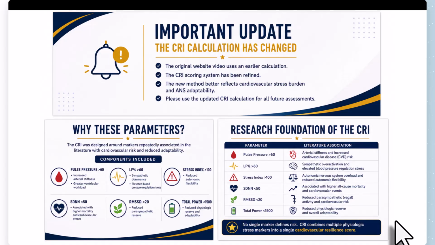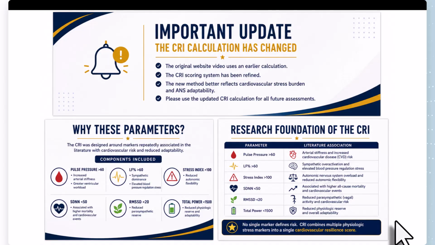When that system is a little bit stressed, it calls on the LF to compensate, and then we see a big yellow peak, and we always have to combine that with looking at the pulse pressure and some of the other parameters below. Stress index greater than 100 means autonomic nervous system overload and reduced autonomic flexibility.